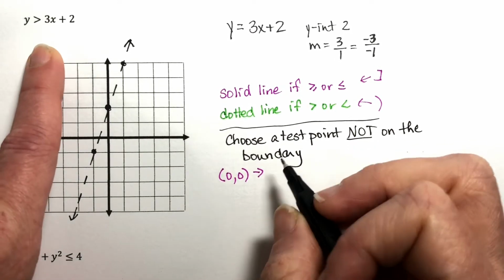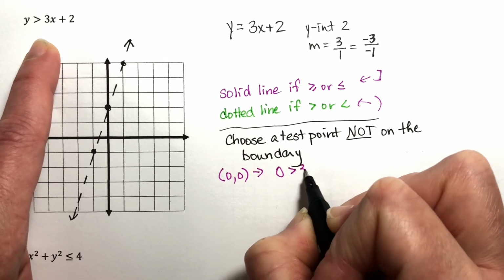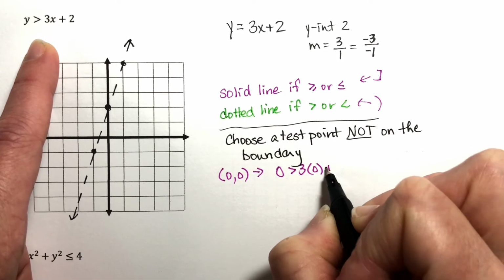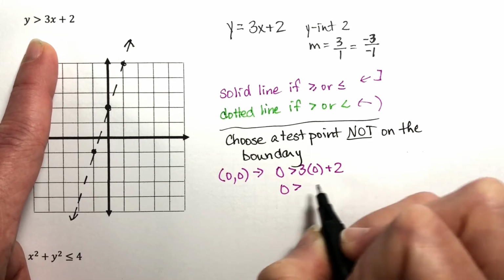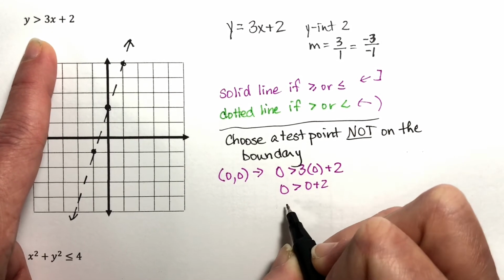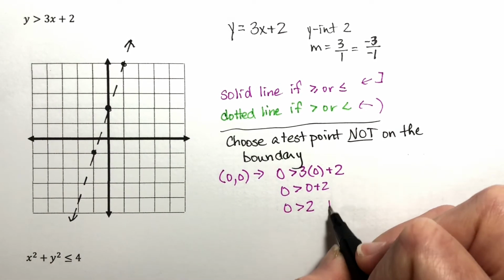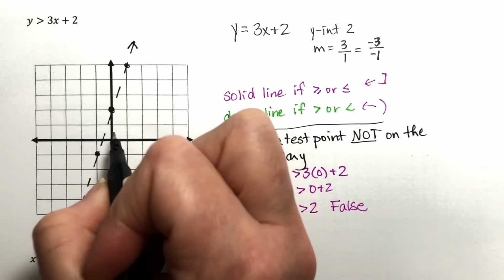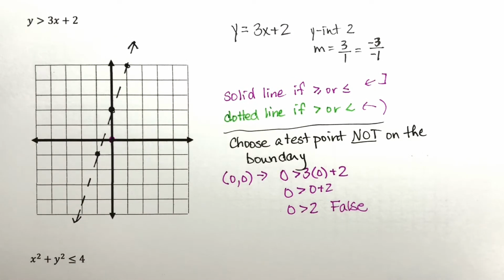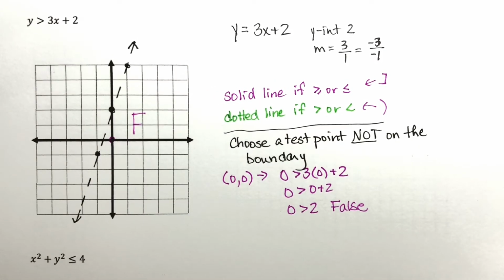When I plug it in up here, I get 0 is greater than 3 times 0 plus 2. So that's 0 is greater than 0 plus 2, so 0 is greater than 2, which is false. So I tested this point right here. It was false, so this whole side must be my false side.